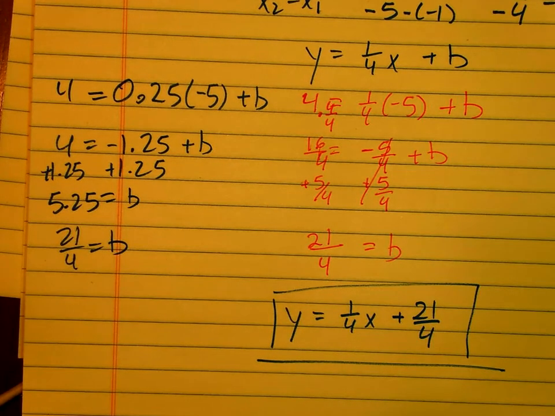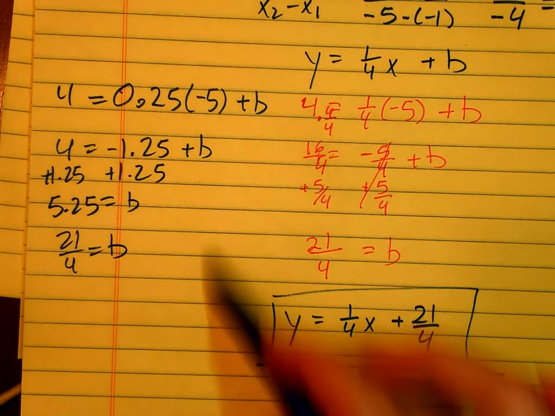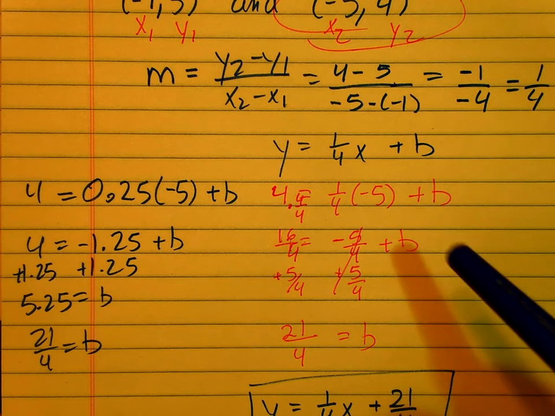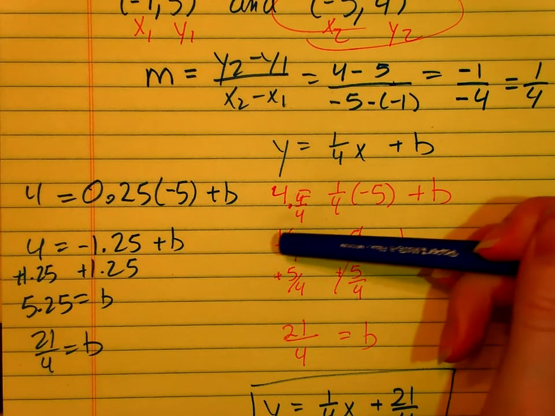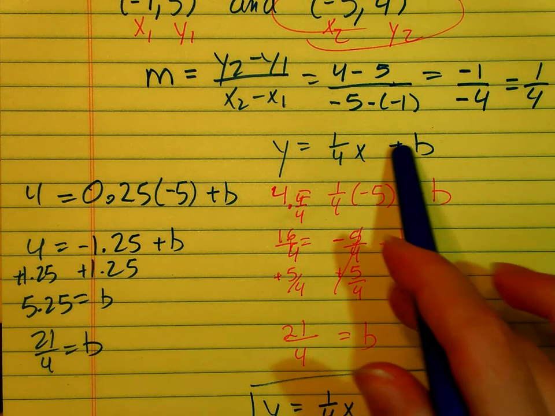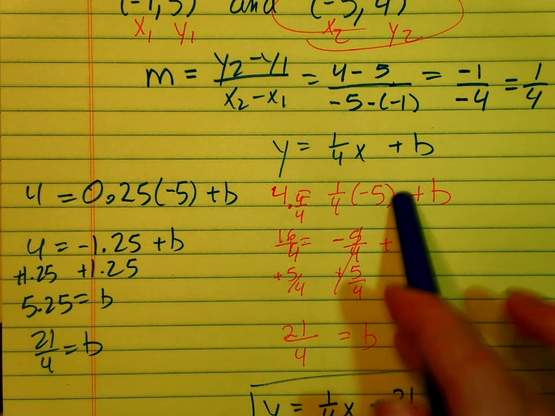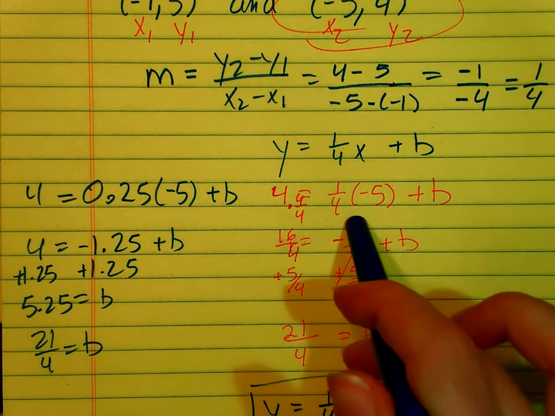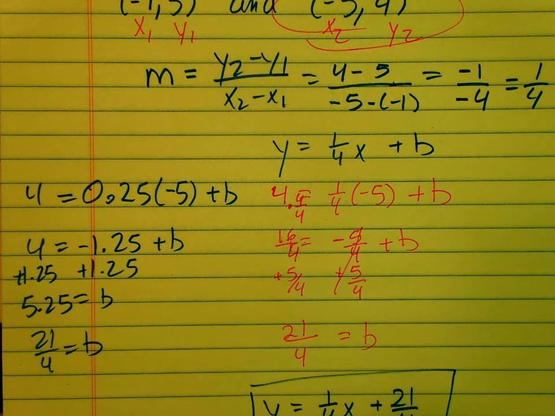What I care about is that you've done the thinking here in terms of knowing I can find a slope. I know I've got to plug numbers back into the equation to solve for b. I know how to do this multiplication in some form or another using some form of technology or my brain. Add or subtract it over to the other side in order to get b by itself.